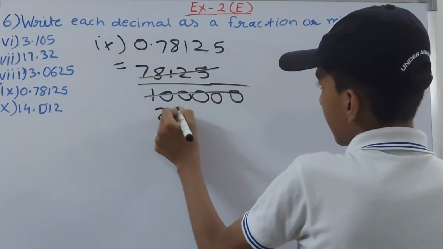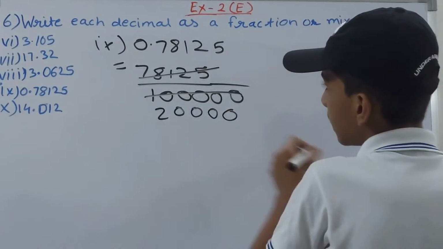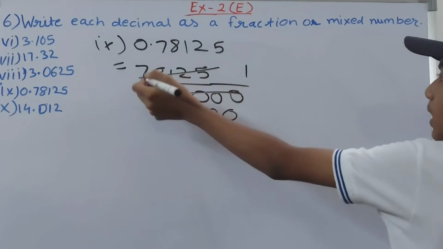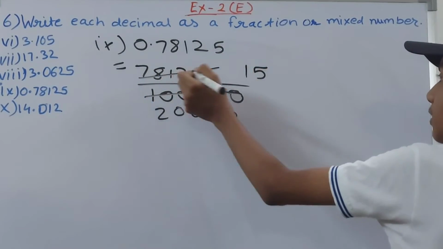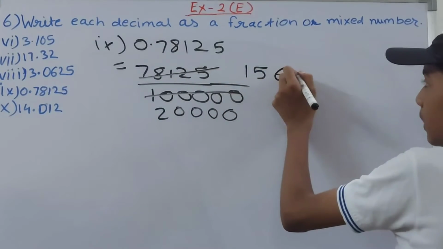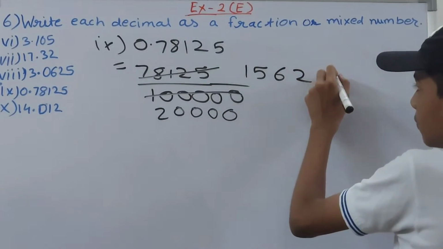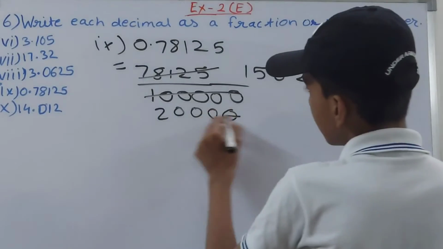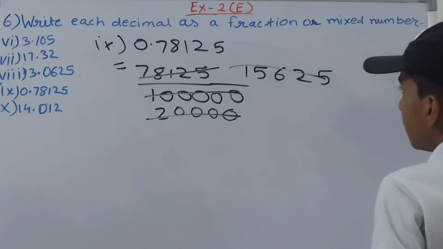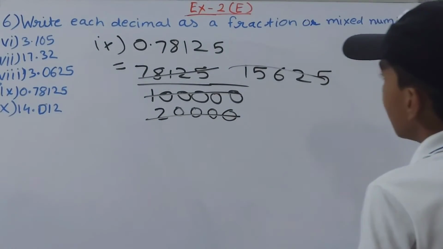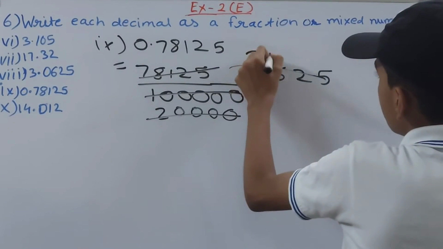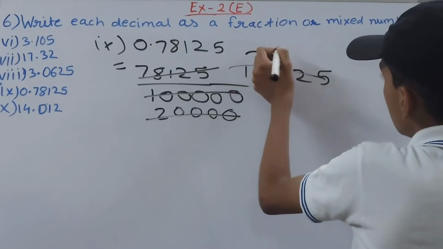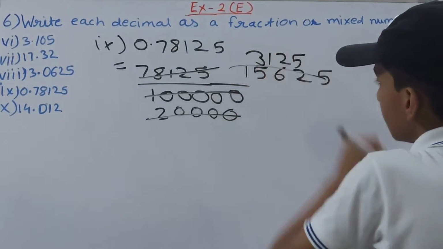So 2 and 4 zeros as it is, and here we have 1 2 there, so 5 and 3 31, 6 and 1 there, so 2 and 2 there, 25, so 5. Now again we'll cancel this thing by 5, right? So we'll have it here 3 1 and 2 and 12 there, so 3125, right?